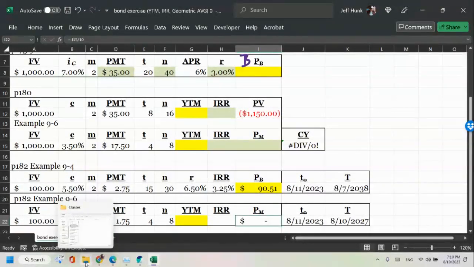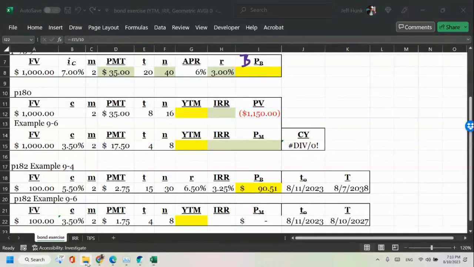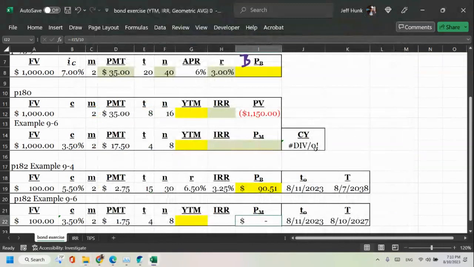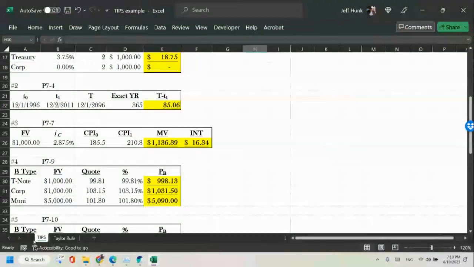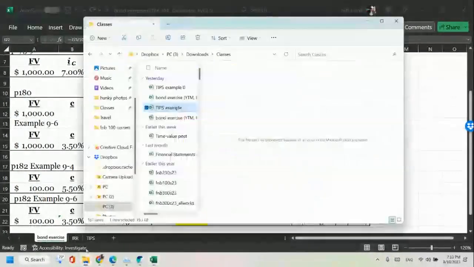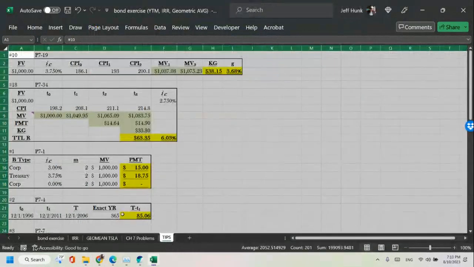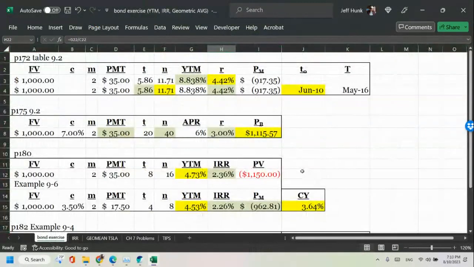Okay, let's see. So to find the yield, 961, how did that come about?